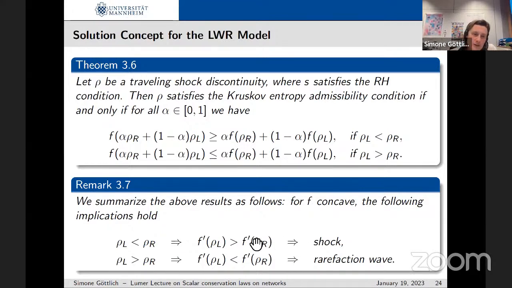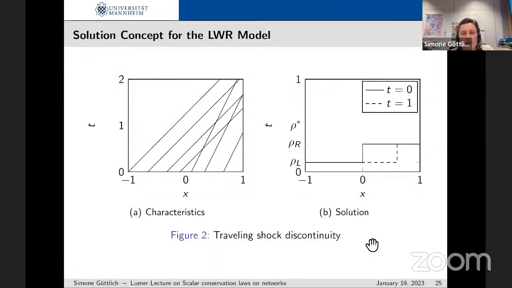And vice versa, if rho L is larger than rho R, we have the other implication, and we would end up with a rarefaction wave. So this is important to mention again. There are 2 different kinds of waves occurring in this traffic flow model we are going to investigate.